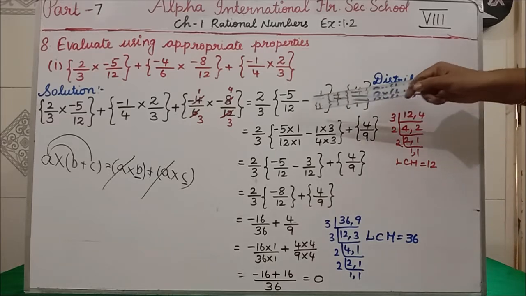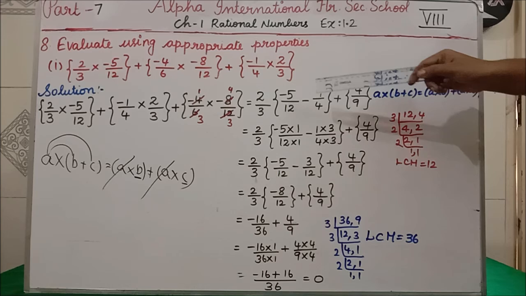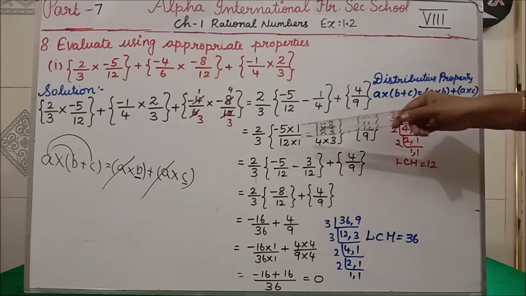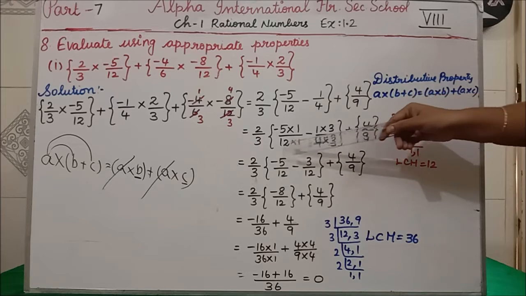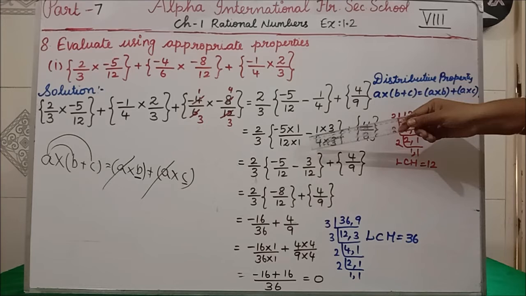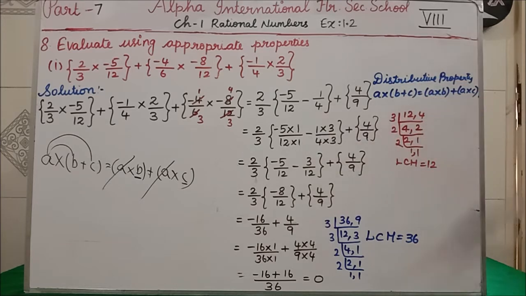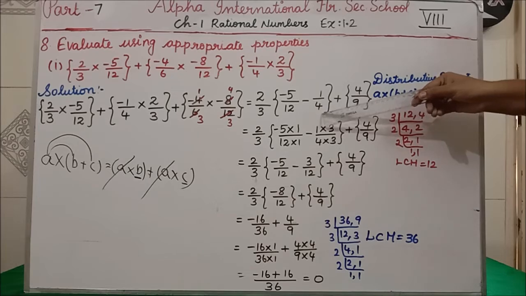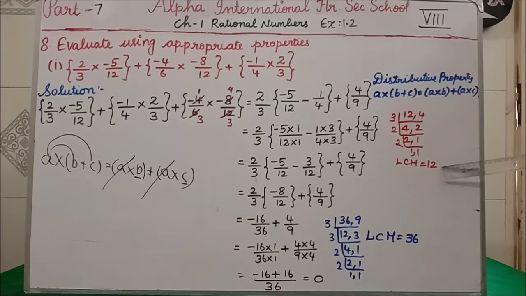Clear? So here already we are having 12. You just multiply your numerator and denominator with 1. So minus 5 into 1 divided by 12 into 1. Clear all of you? In between minus sign, here also minus sign. 1 divided by 4. But here in 4, what number if you multiply will get 12, because our LCM is 12.